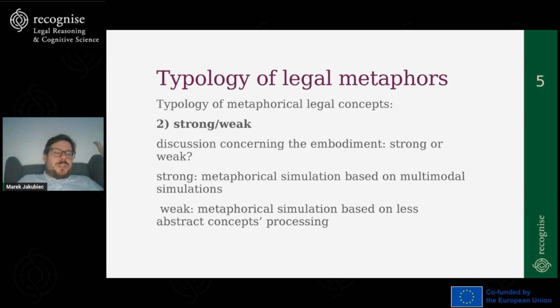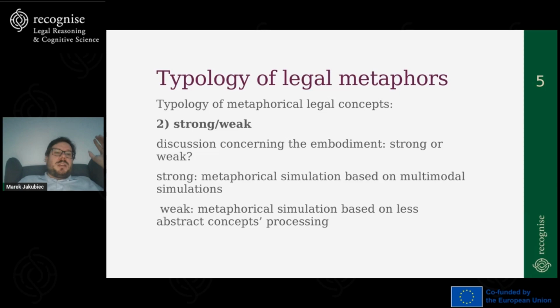This is, of course, a part of a broader discussion about the nature of mental representations. And if we think about this distinction, modal, amodal, it is important to remember the discussion between the so-called classical theories of cognition and the embodied approach. And again, I think that the paper written by Lawrence Barsalou, grounded cognition, can be a good introduction to this topic for many of you.